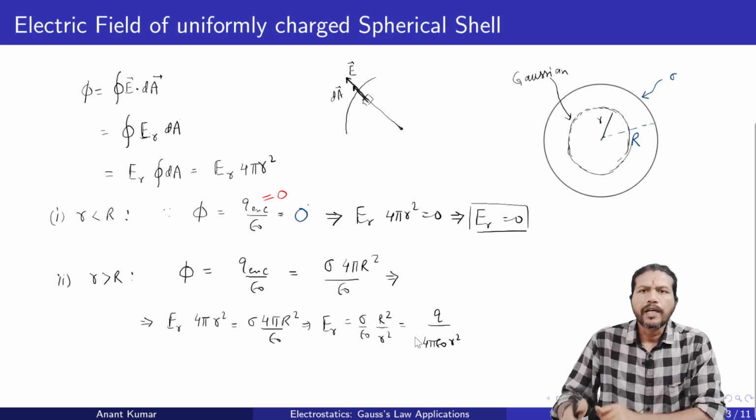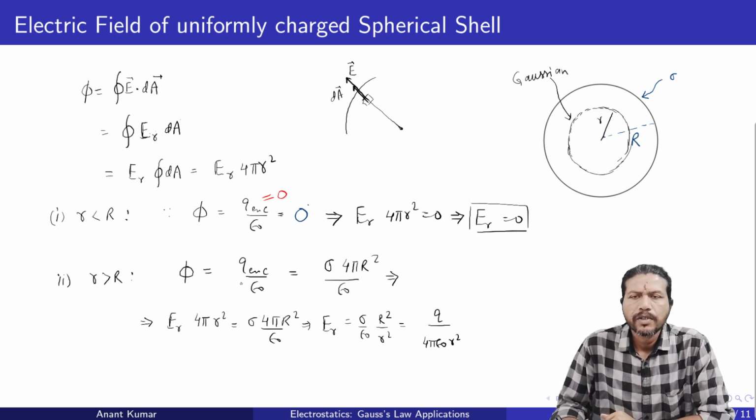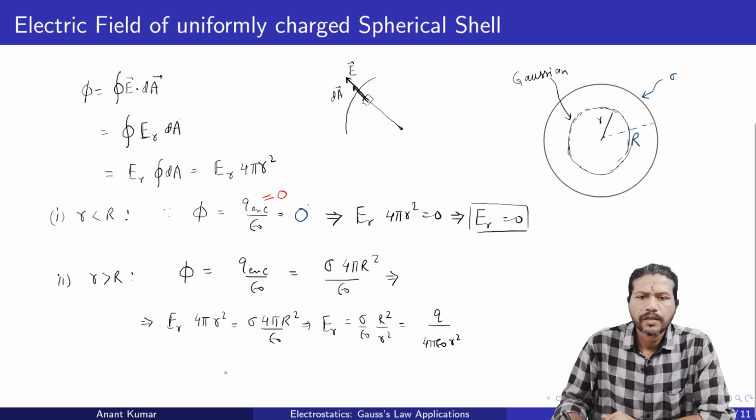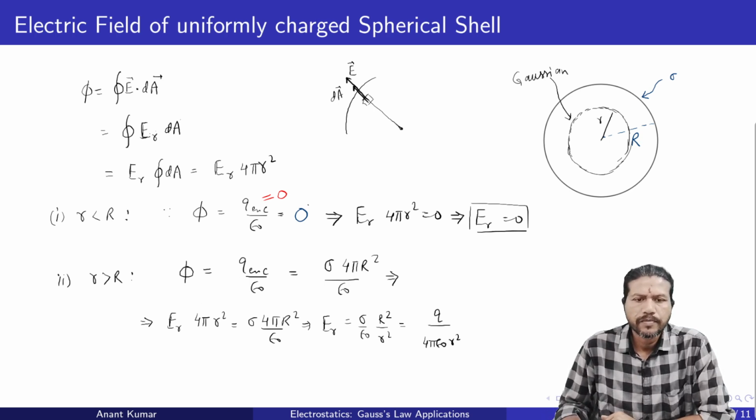Okay, that is the shell theorem, and it's useful to notice the electric field variation for this situation, the radial field I'm talking about.